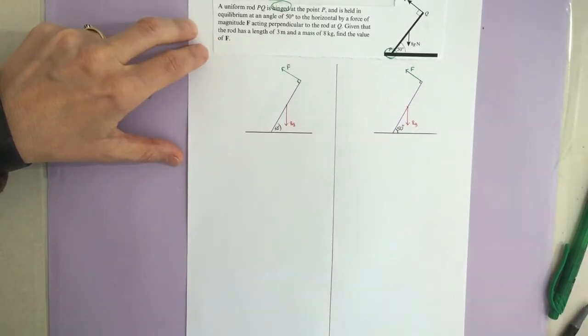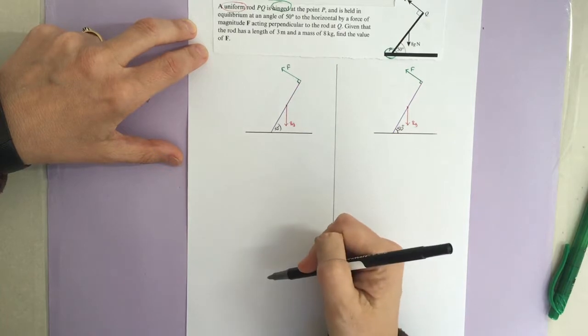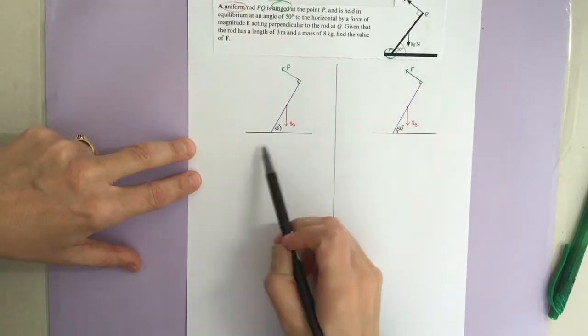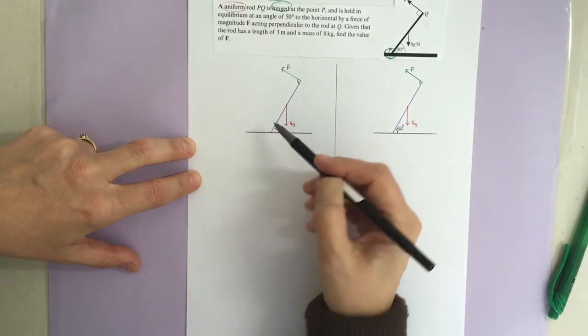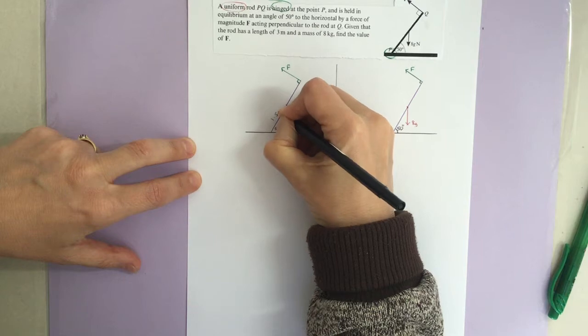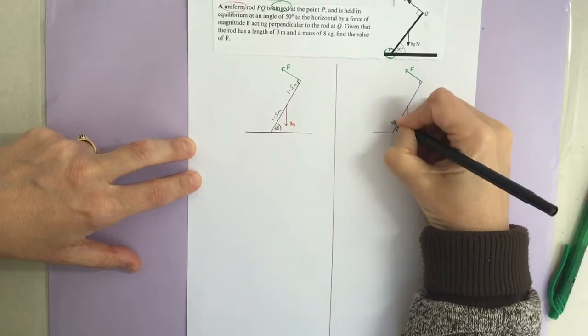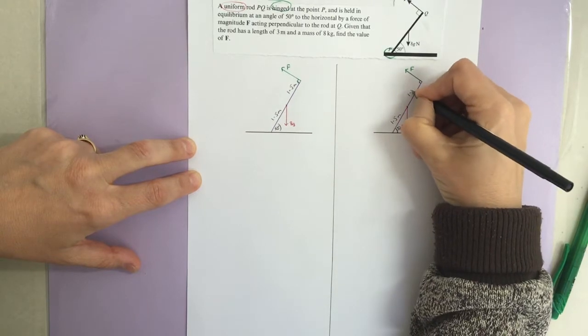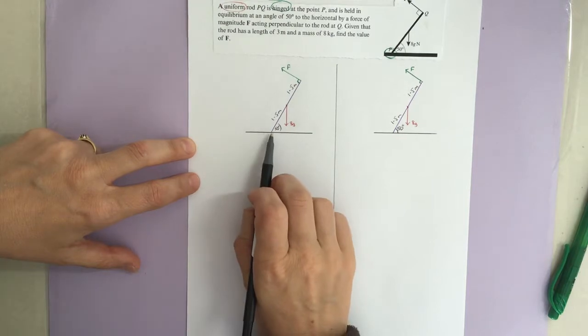The other thing that's important in the question is this idea of this thing being uniform. I'm going to do 2 different methods for this, so I've got 2 diagrams here. It tells us it's uniform, so if this whole distance is 3 metres, then this must be 1.5, and so must this. So I'm just going to put them on my diagram, and then I think we've got all the information on our diagram. Okay, so let's have a look at this.